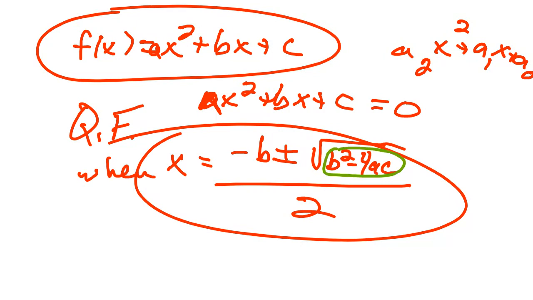b squared minus 4ac. If that's greater than 0, we have two roots or zeros or two places where we cross the x-intercept. So if that's greater than 0, we have 2 roots.